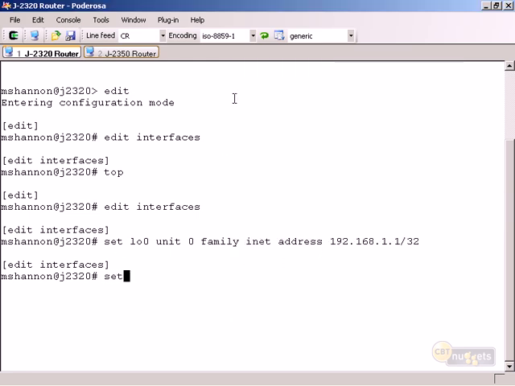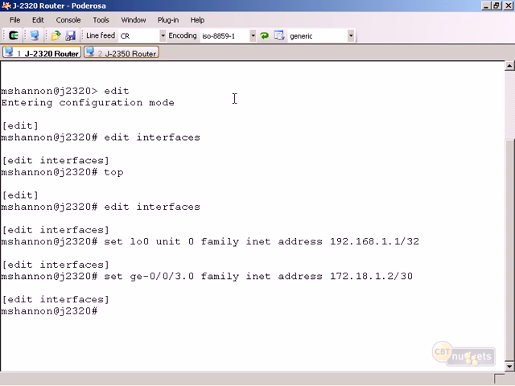So we're going to say set gigabit Ethernet 003. Remember, we haven't committed this yet. And we know it's unit 0. I could type in unit 0. I could just do .0. Same thing. It's also of the family INET. And the address is 172.18.1.2/30.